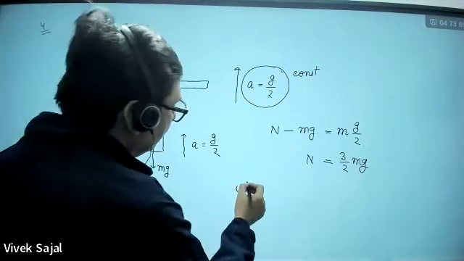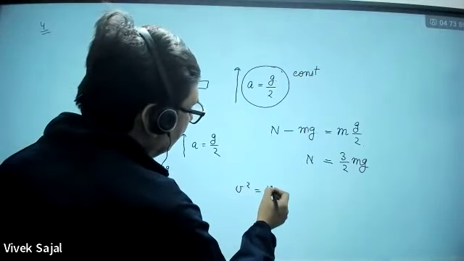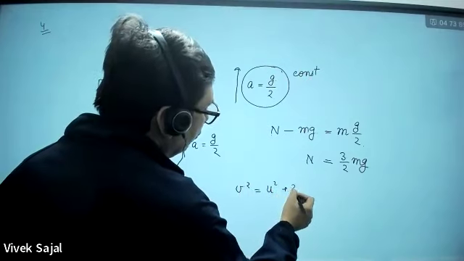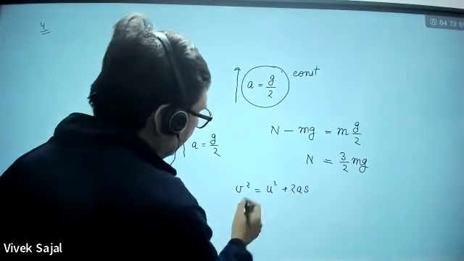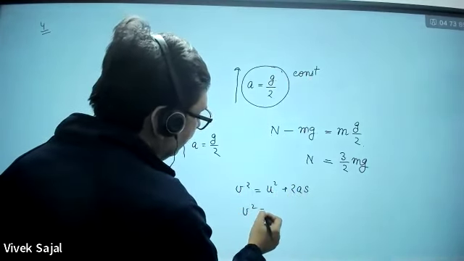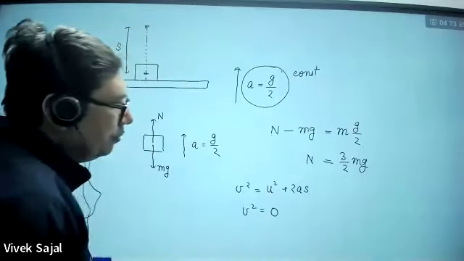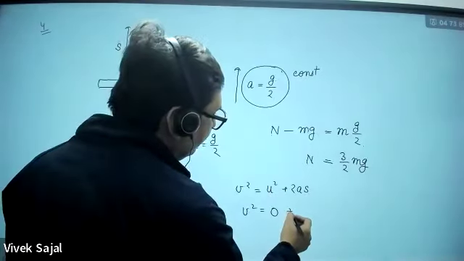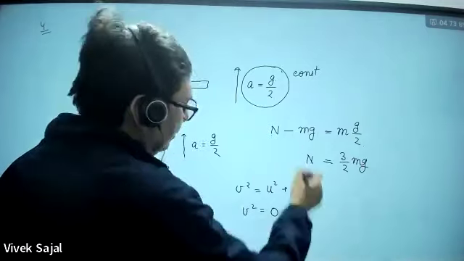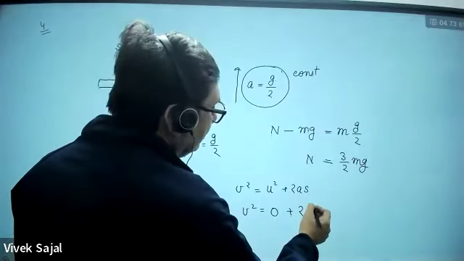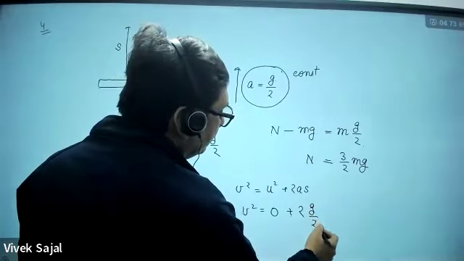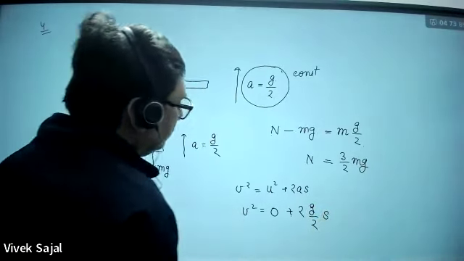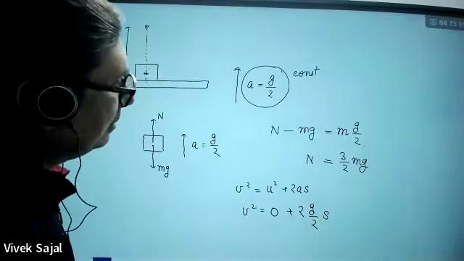So v square, I'm using third equation, v square is equal to u square plus 2as. This v you want to find out. Initially it was at rest, 0 plus 2 into g by 2 into s.